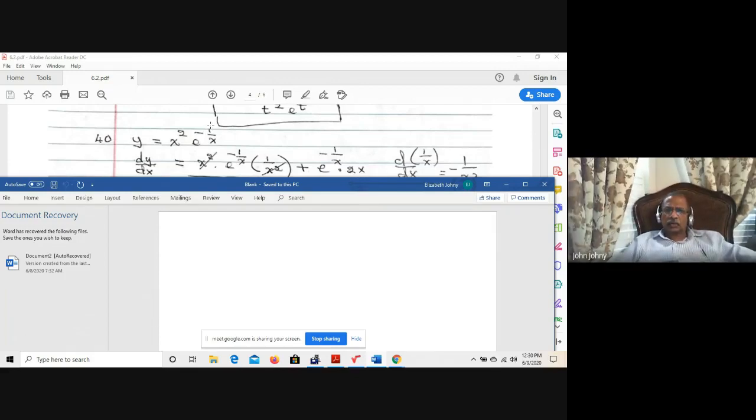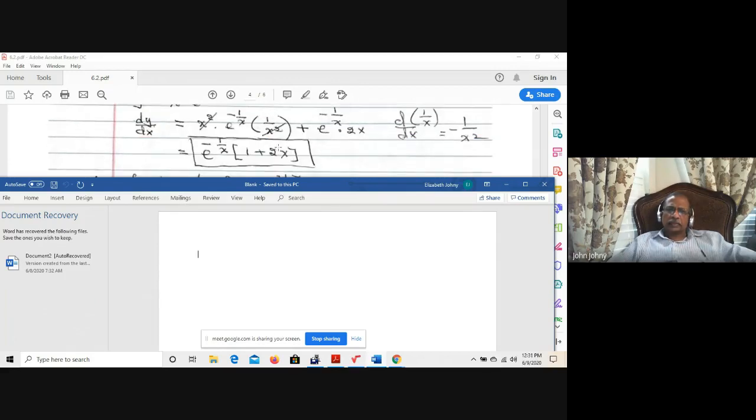The derivative of negative 1 over x is positive 1 over x squared, two negatives make a positive, plus e to the negative 1 over x times 2x. The x squared cancels, and e to the negative 1 over x is common: e to the negative 1 over x times (1 plus 2x).